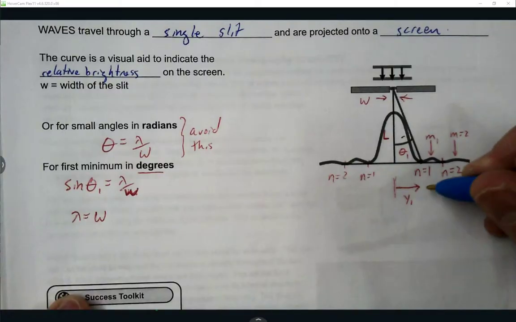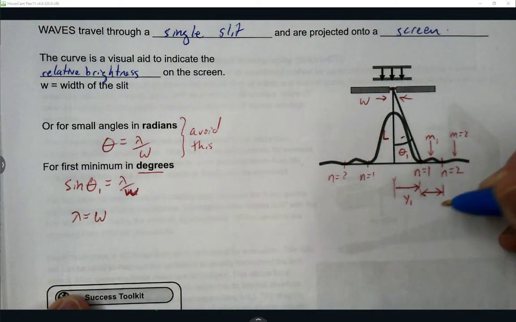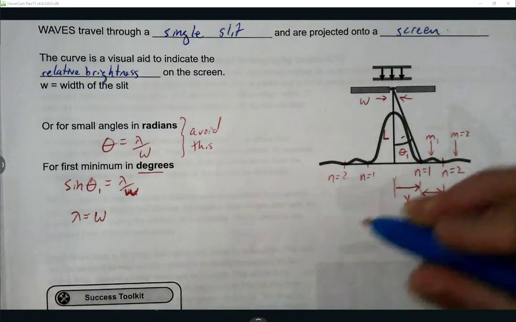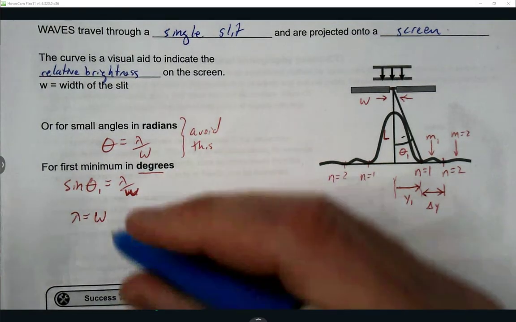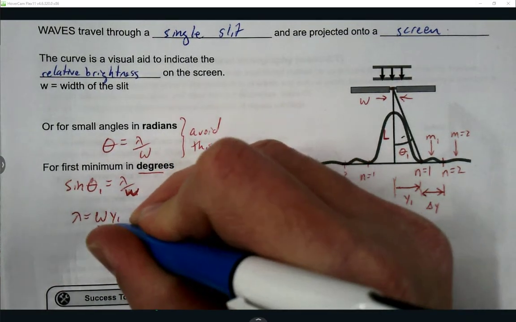And I'm going to call the distance between successive dark spots the delta Y value. Just giving names to measurements. So now I'm going to say lambda is equal to W times Y1 over L.